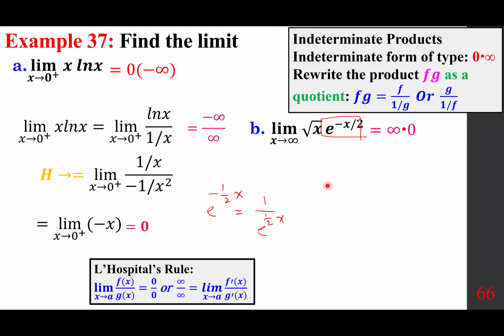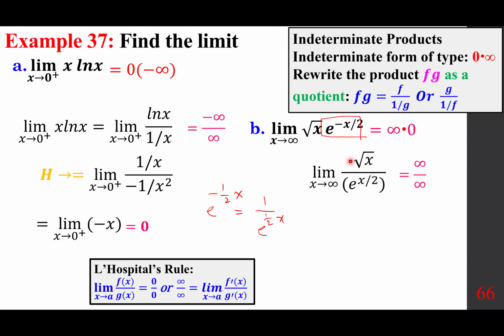Obviously, you want to take this one down and make it with positive exponent. And at this point, if you plug in infinity, you get infinity over infinity. So we are going to differentiate each piece.